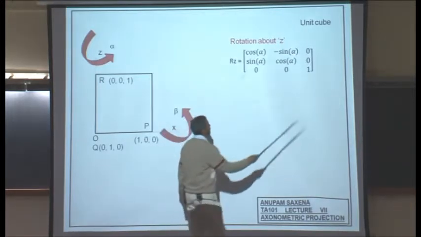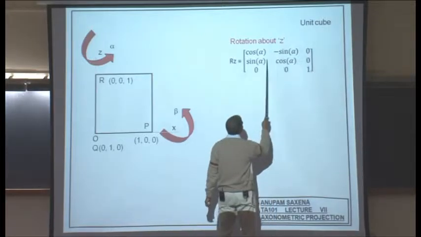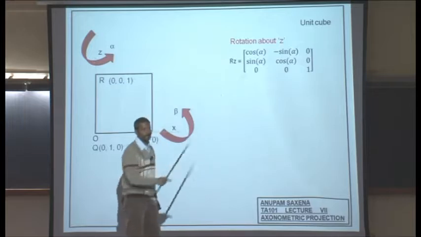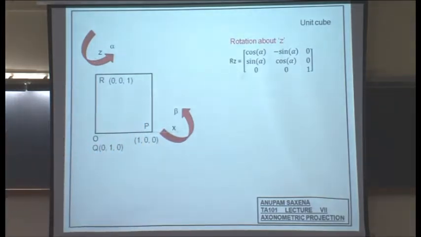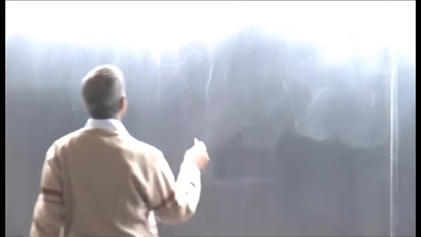So the old value of x coordinate, the old value of y coordinate, the old value of z coordinate pre-multiplied by this matrix will give you the new value of the x, y and z. Okay? All right? Everybody with me? Good. What if I want to now find rotation about the x axis?